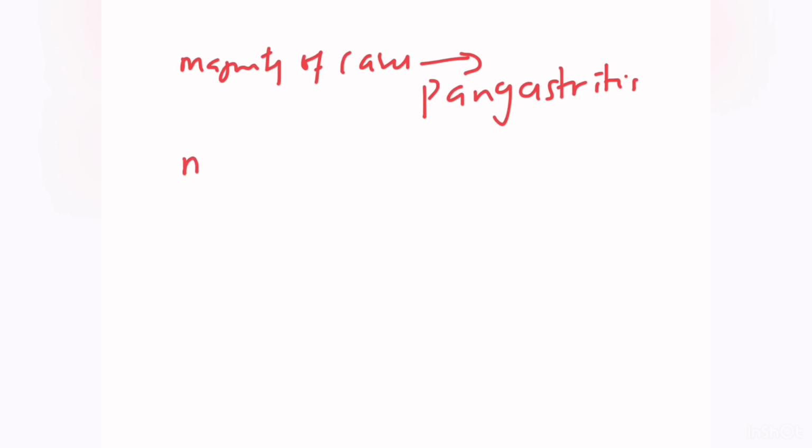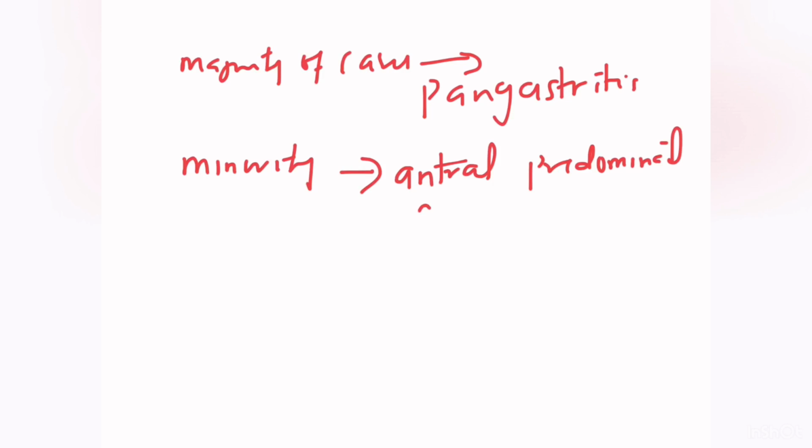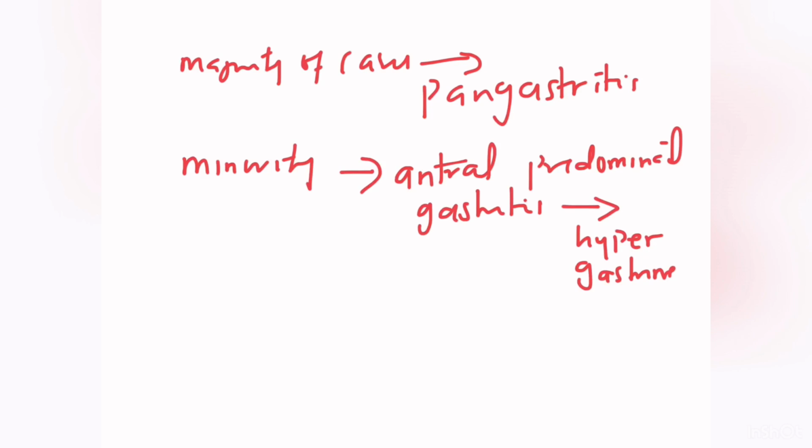And in a minority of patients, they present with mainly antral predominant gastritis, which will lead to hypergastrinemia, that is oversecretion of gastrin.